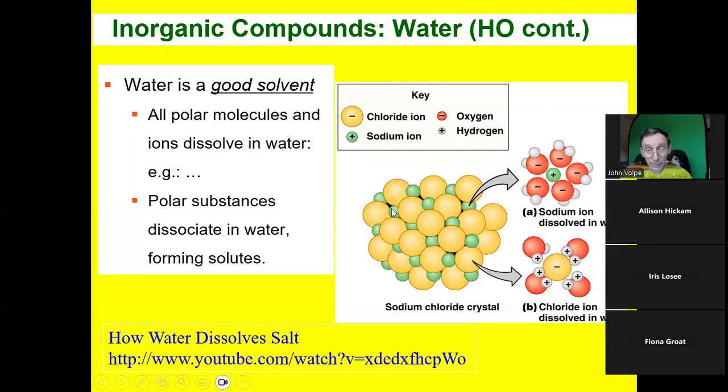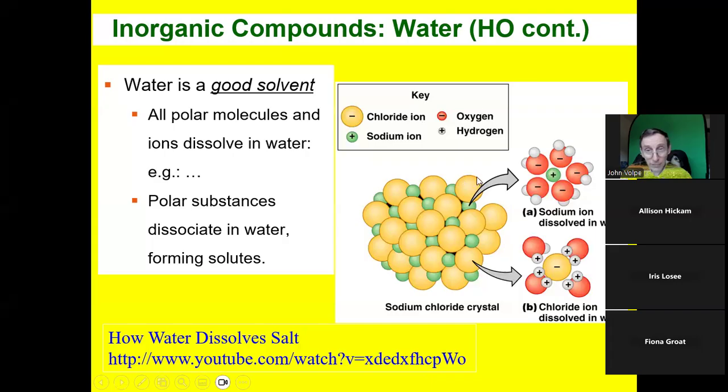When you put this crystal in water, water is a partially charged molecule. The negative end of oxygen can come up to the +1 sodium in the crystal and then come around this molecule, which is kind of hard to show with that one.